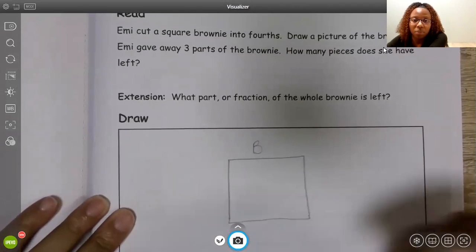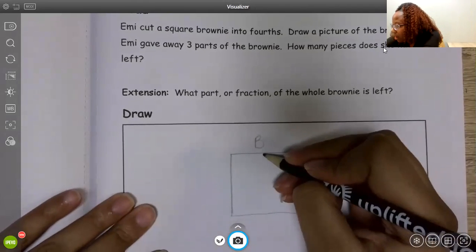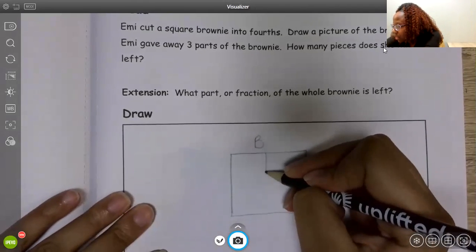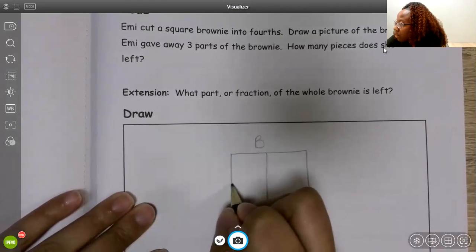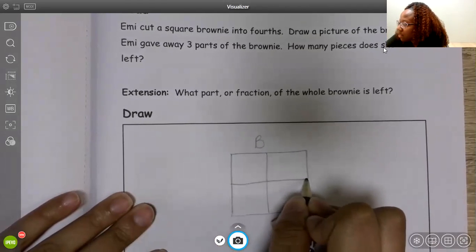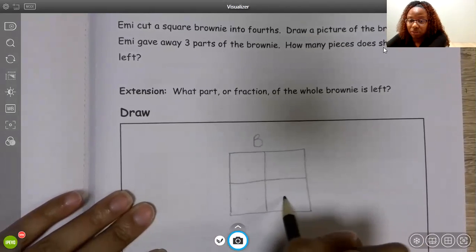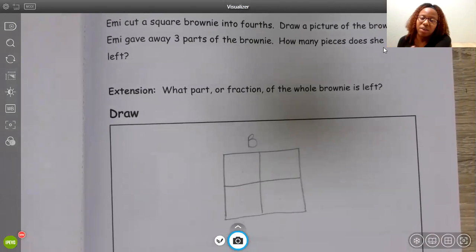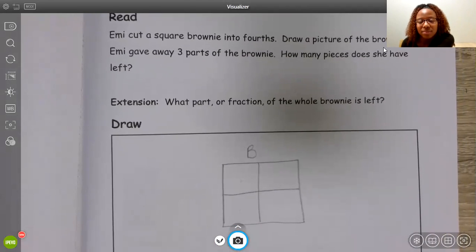So one way we can break this brownie up into 4s is by drawing one line straight down the middle. And then we're going to draw a line straight across. And do you see how I have 4 smaller squares inside of this bigger square? That's how I know that my brownie is cut into 4s.